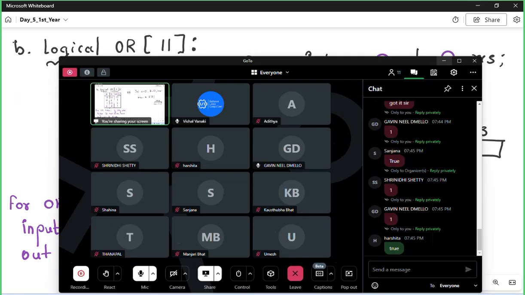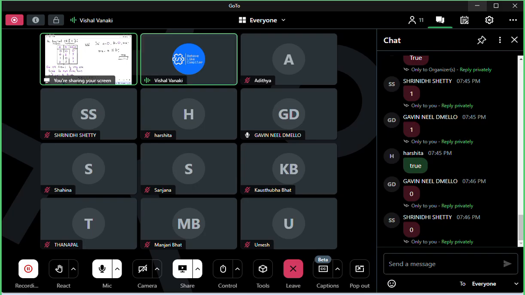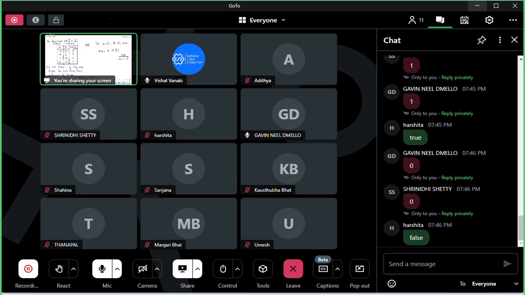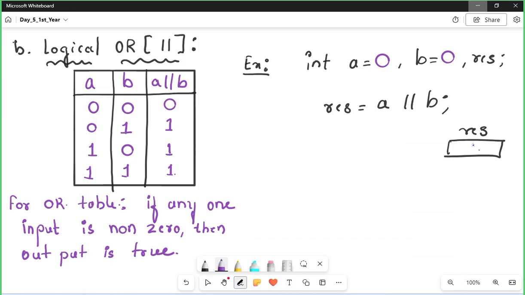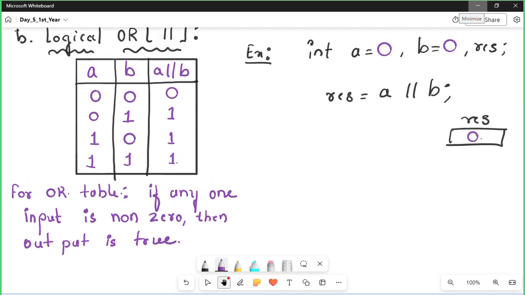Now if I take both the inputs as 0, what will be the result now? Look at the table and answer. False. That is correct. False is nothing but 0. So I hope everybody has understood logical OR operation.